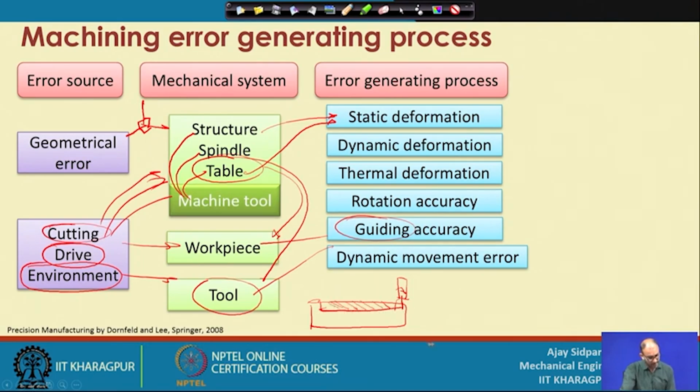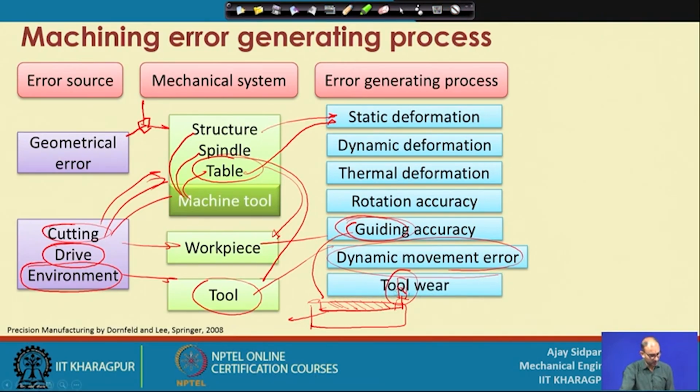When you are moving, if there is some problem with the guiding accuracy, that all three axes are not perpendicular to each other, then your material removal rate will be a little bit higher or lower, depending on the angle at which your x, y and z axes are deviated. Depending on that you will get a dynamic movement error, and that movement error will directly affect the life of your cutting tool and the quality of the workpiece. Either it will be rejected or you have to do some rework to get it correct.